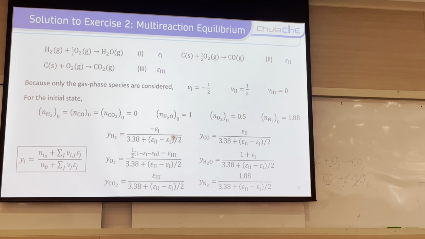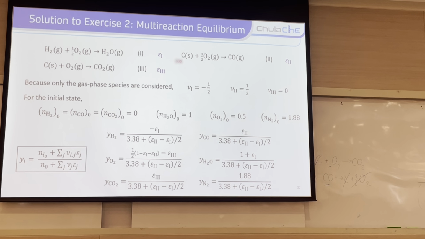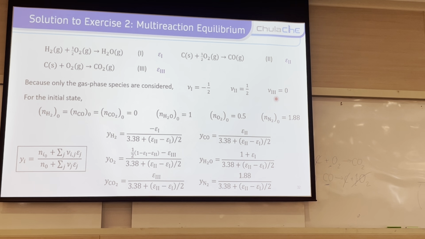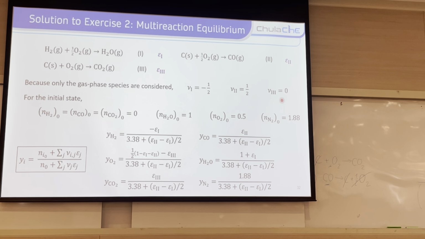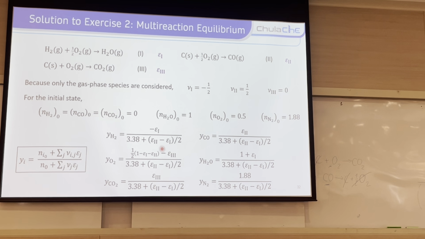So the mole fraction is like this. In the denominator here, the reaction coordinate for reaction number 3 does not exist because the total stoichiometric number for reaction number 3 is equal to 0. So you can see that only reaction coordinates epsilon 2 and epsilon 1 appear in this system.